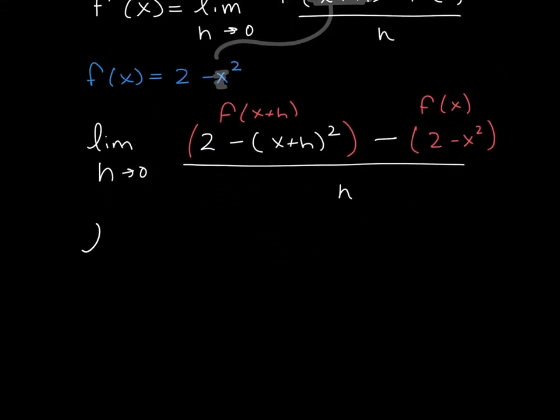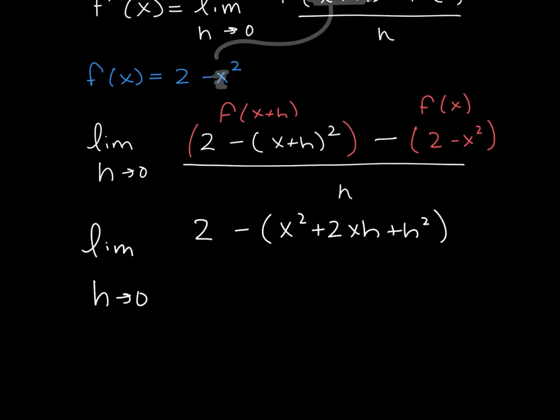Now the first thing you want to do is simplify the numerator. So inside here we are left with 2 minus the expansion of this by FOILing, which gives x squared plus 2xh plus h squared. Then you need to subtract both of these, so that's going to be minus 2 plus x squared, and I'm going to change all of these signs.